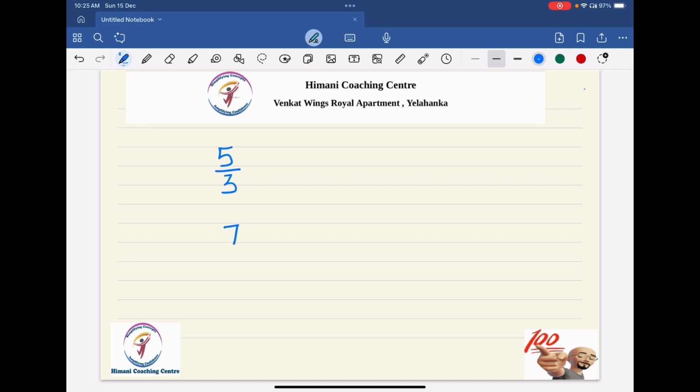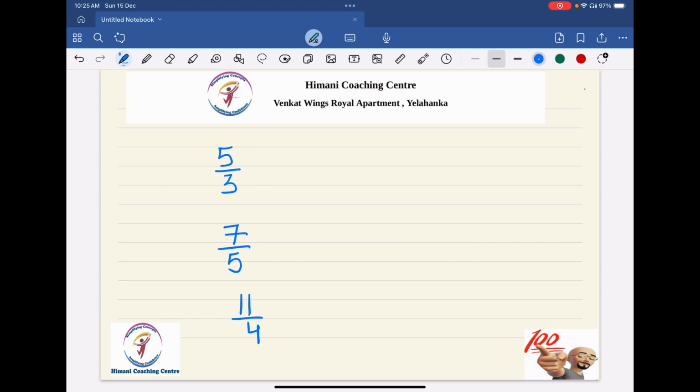Second, solve for 7 by 5. And then 11 by 4. You can pause the video, solve the questions, and then watch the video to see whether you have done it right or you have to improve on the concept.